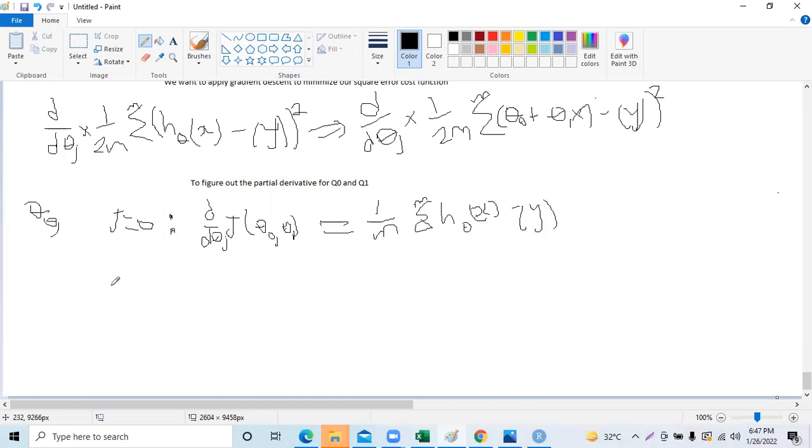This is for theta 0. Now for theta 1, sorry, this was theta 0. This should have been theta 0, not theta j any longer, because we are solving for theta 0 now, right?